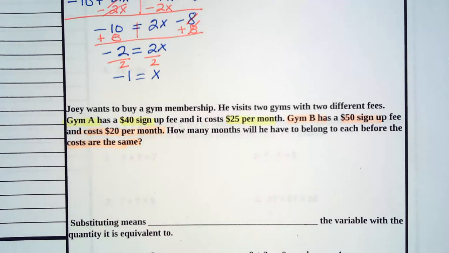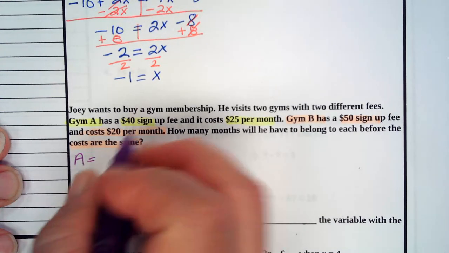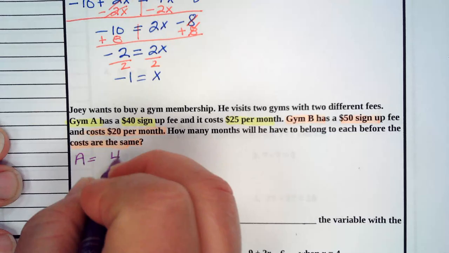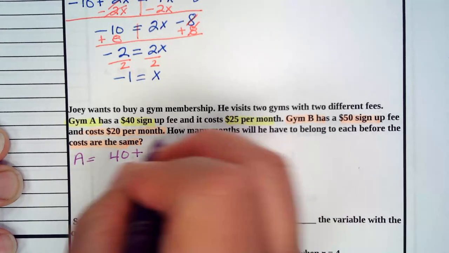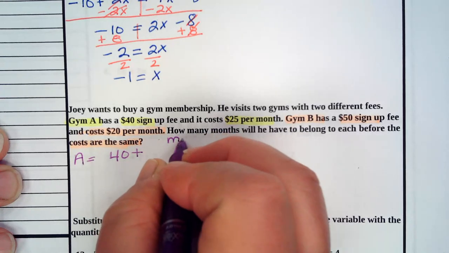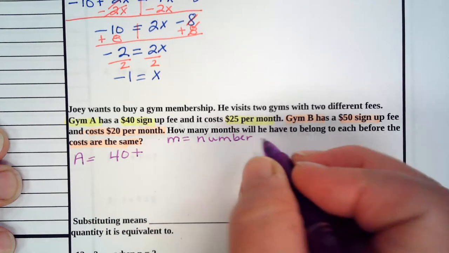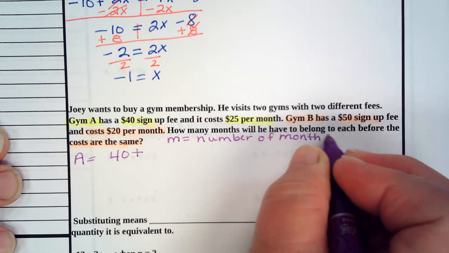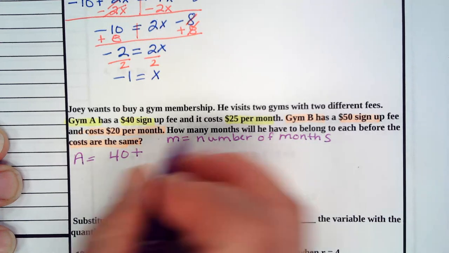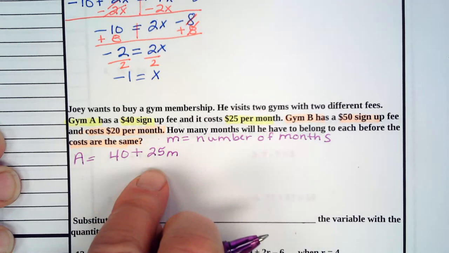So let's write out for Gym A, $40. So before we even walk through the door, we're going to give them 40 of our hard-earned dollars. Plus, I think we'll use M is the number of months. Plus 25M. M will change depending on how many months you're there.